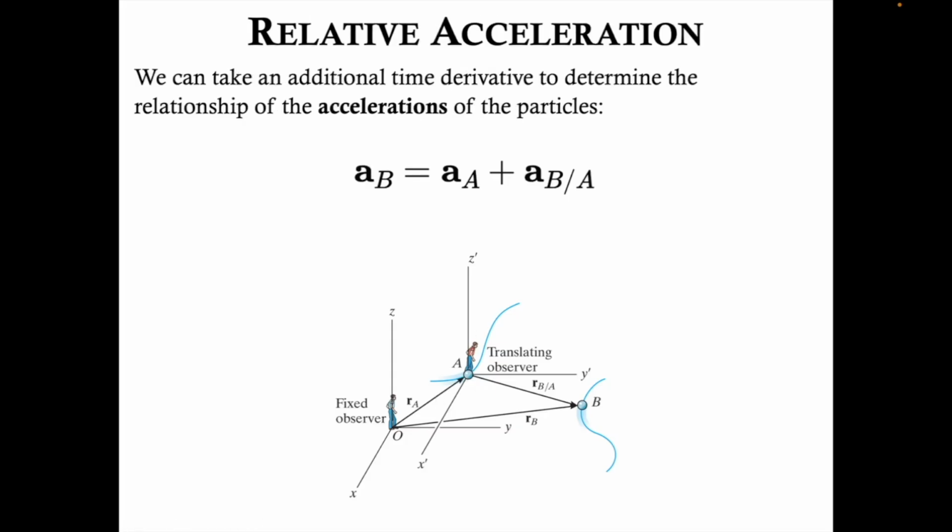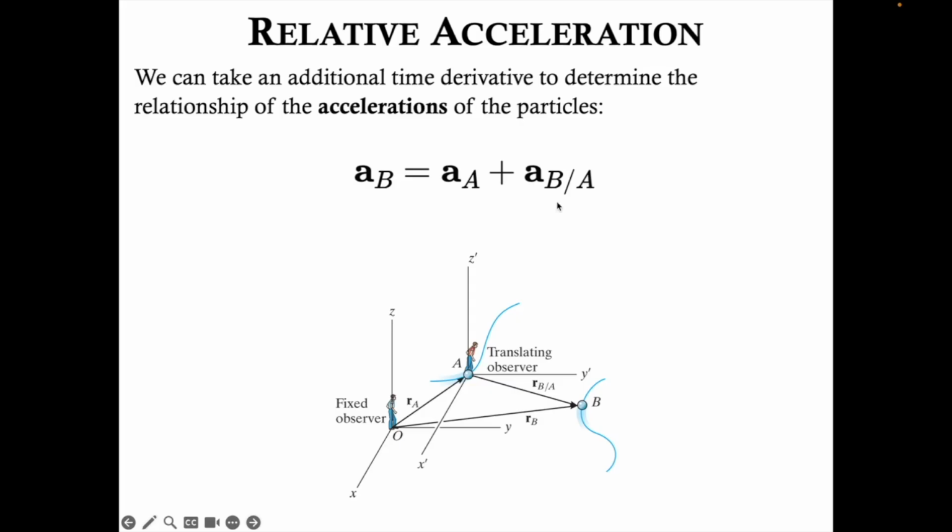We can take an additional time derivative to determine the relationship of the accelerations of the particles to get this expression. Acceleration vector a sub B equals the acceleration vector a sub A plus the acceleration vector a sub BA. This is the relative acceleration vector of B with respect to A, or B relative to A. So once again, these two terms with a single subscript represent absolute accelerations, as measured from an observer at point O of the fixed reference frame.